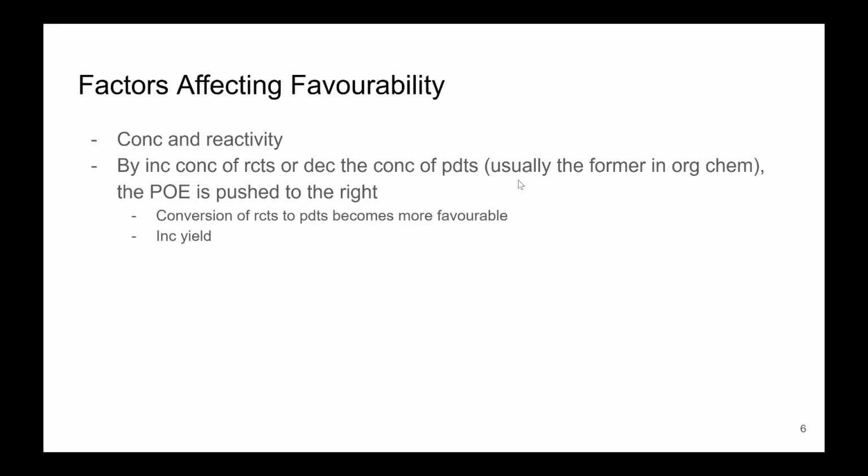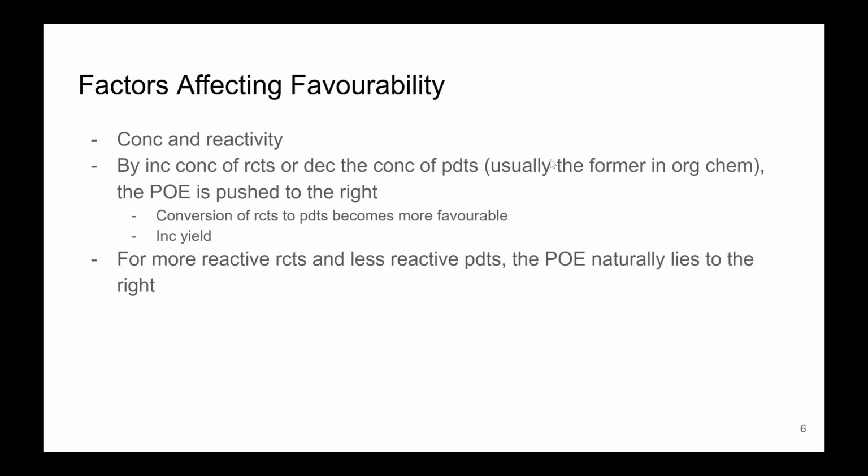Because you have your nucleophile and your electrophile, you just need to increase the concentration of one of them in order to push the position of equilibrium towards the right. Now, for more reactive reactants and less reactive products: remember last time I talked about how the product will contain an electrophilic part as well as a nucleophilic part.